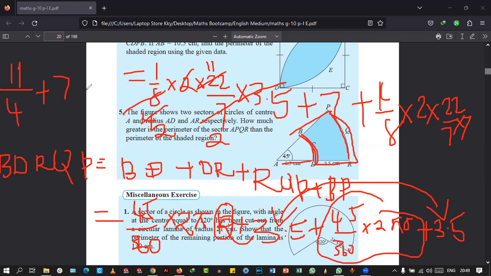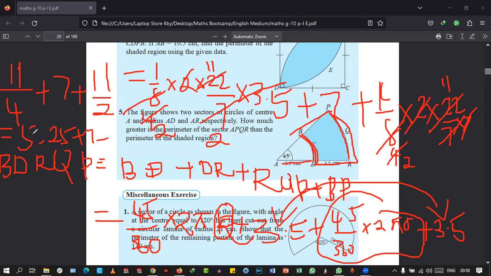And then we have 7 over here. And for this one, we can cut this and this. So then it will be 4. We can cut this and this. It will be 11 divided by 2. Therefore, what is the answer? It will be 5.5, plus this one, 2.25, plus 7.